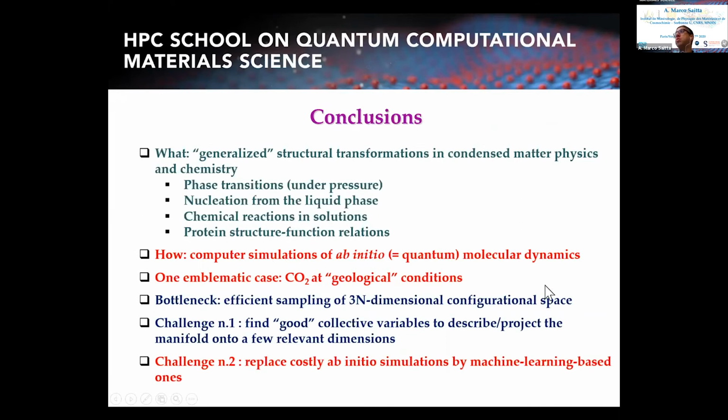There's a large community using ab initio methods, in particular ab initio molecular dynamics. There are bottlenecks and challenges; to solve this bottleneck we will hear about tomorrow. One of the two main challenges, in my view, is ab initio simulation. So that's what we are trying to do to overcome this bottleneck here.